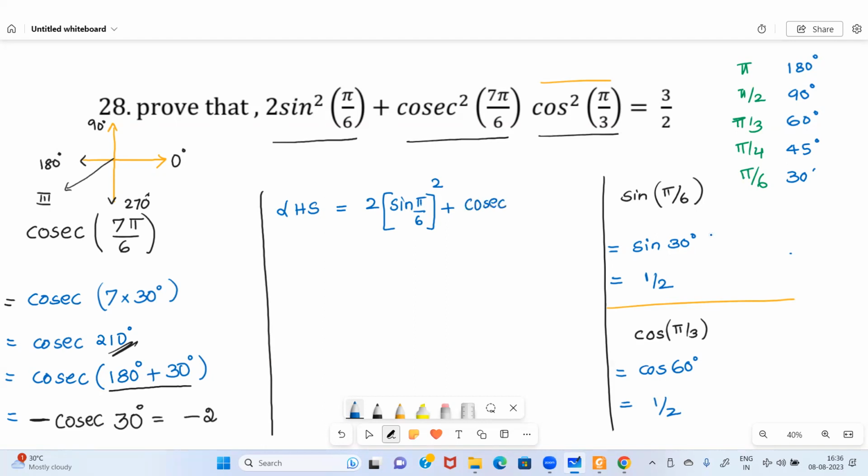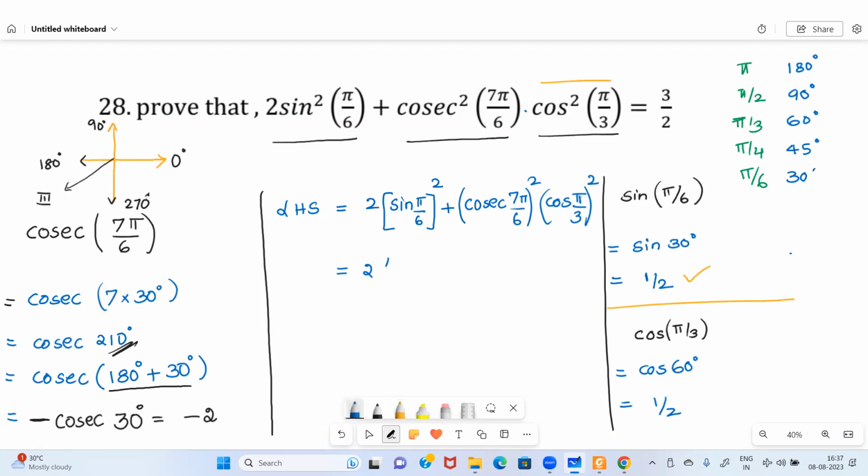That I can write it as cosecant 7 pi by 6 the whole square. So there is no plus here, so it's a multiplication. Cos square pi by 3, or I can write it as cos pi by 3 the whole square. Clear, students? Now you can see 2 into, what is sine pi by 6? We have already found the value. What is it? 1 by 2.